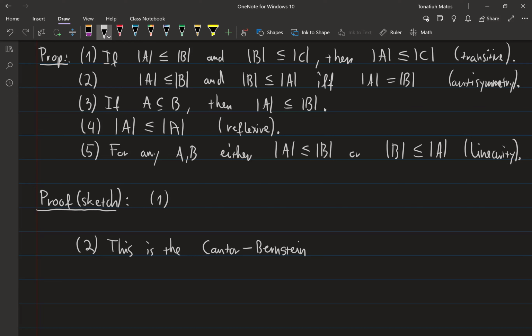But the way I understand it is Cantor defined all of these notions about cardinals, and he did come up with this theorem, but his proof was wrong because, like I said, this is surprisingly difficult. And then Bernstein corrected it. That is the version of the history I have, but don't quote me on this. So this is the theorem, and I'm just going to add a note that this is actually very difficult.